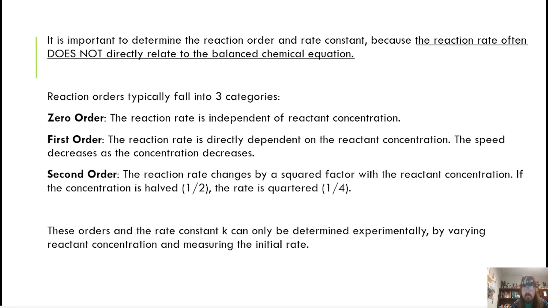That is because the balanced chemical equation looks at the overall reaction and not anything about the mechanism, how things actually happen. So we're going to look at speeds, and we need to understand how these speeds relate to the order things break. It's like you need to do this before someone can do that.